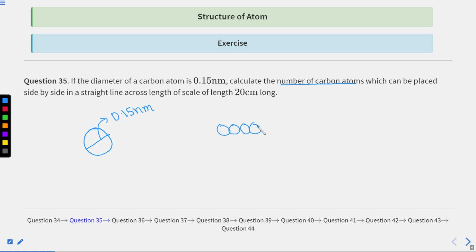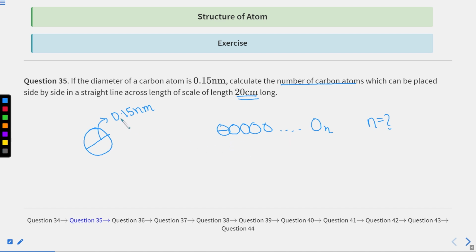Then it is asked, suppose n atoms can be arranged. What is the value of n here, that can be arranged so that it can cross the length of 20 centimeter? So how would you calculate it? Let us say that n spheres of 0.15 nanometer diameter can be arranged here.